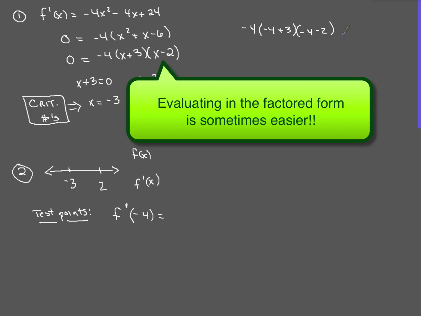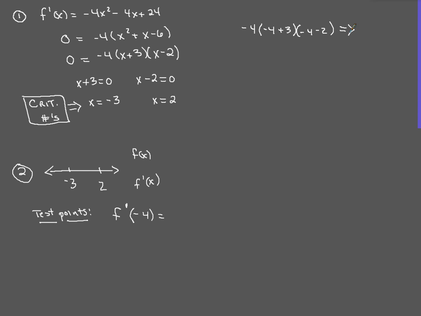When you simplify that, all you're going to do is get a value of negative 24, because that's a little bit easier to do mentally than if you plugged it into the derivative before you factored it. Now, that value of negative 24 tells me two things. One, it's telling me my derivative is negative. Now, a negative derivative means that my function is going to be decreasing. It's going to be moving in a downward direction like this.